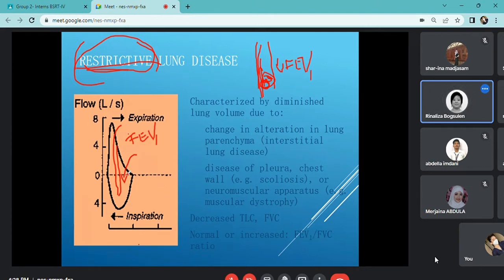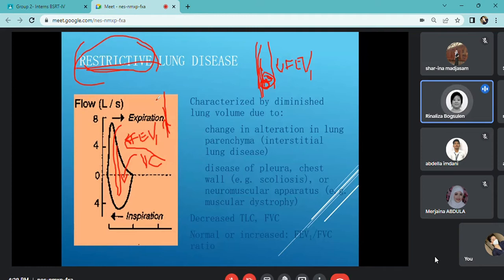Logical, tama? Kung konti lang yung nilabas mo in your vital capacity, the volume that you will exhale in your FEV1 will also be decreased. Nakuha yung logic ko? Kasi nga, konti yung pinasok mong hangin. So, kung mag-e-exhale ka, the volume that you will exhale in 1 second will also be decreased kasi mababa yung vital capacity mo.